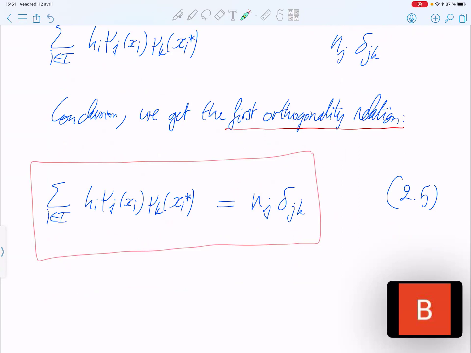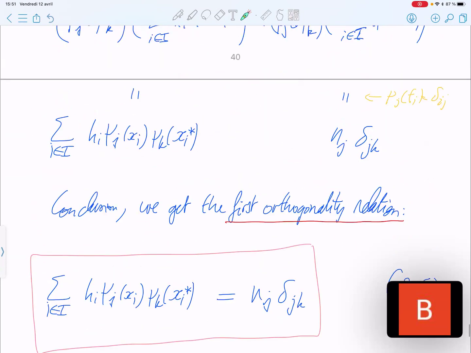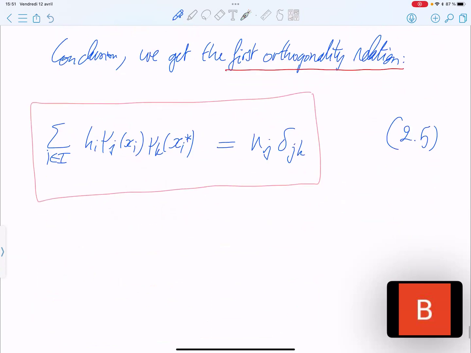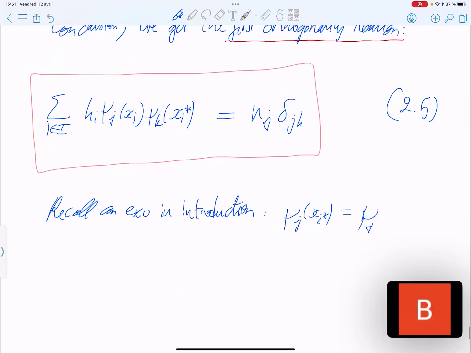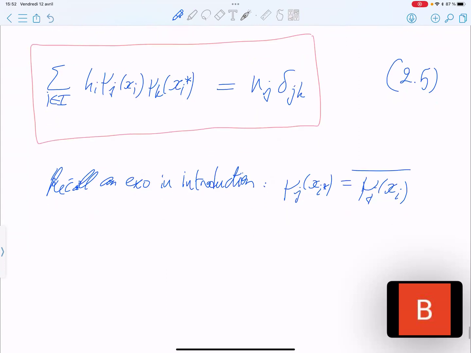Here I recall an exercise in the introduction. What I mentioned before: mu_j xi star equals mu_j xi complex conjugate.